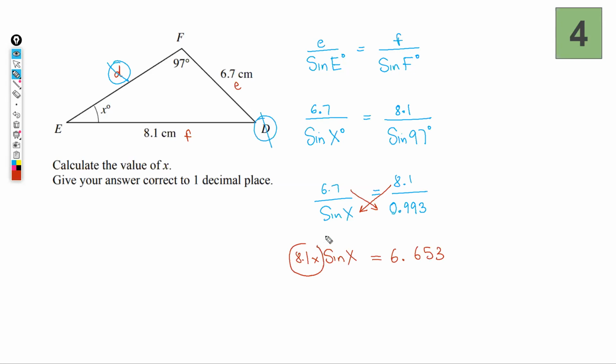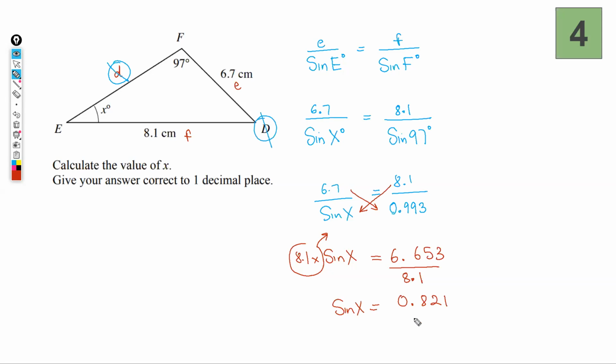Go across the 8.1, which is a multiply, you're going to get a divide. So you have to take the 6.653 and divide these two. So you get sine x, 6.653 divided by 8.1, and we get 0.821 or something like that, right?